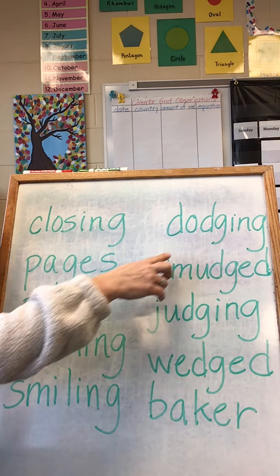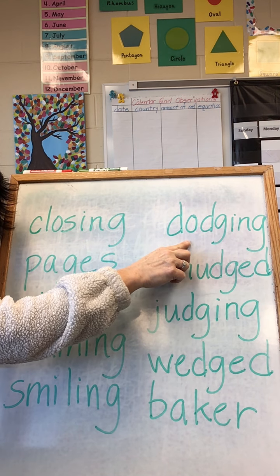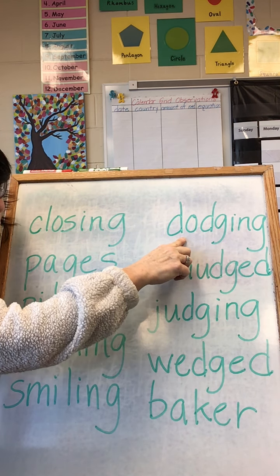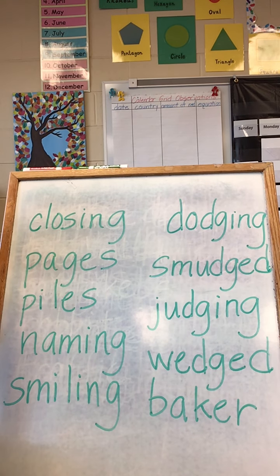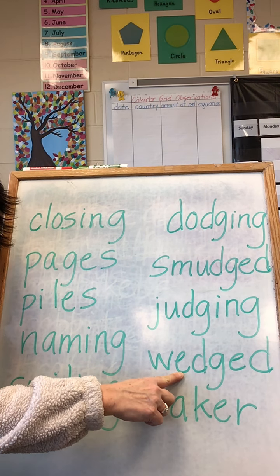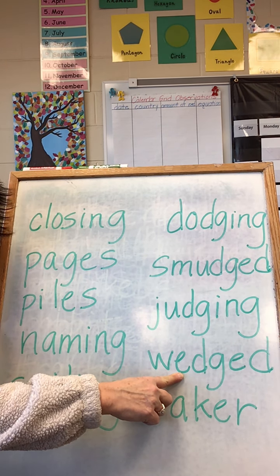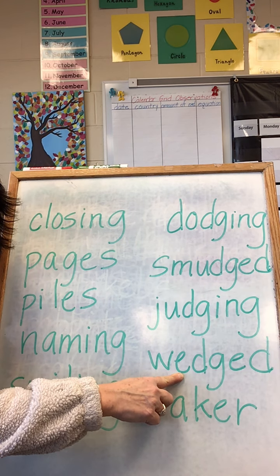If you said dodging, you are correct. Like when you play dodgeball and you're having to jump out of the way of the ball. I'm looking for a word that means you're stuck somewhere. If you said wedged, you are correct. Like you are stuck, you're wedged in somewhere between the trash can and the wall.